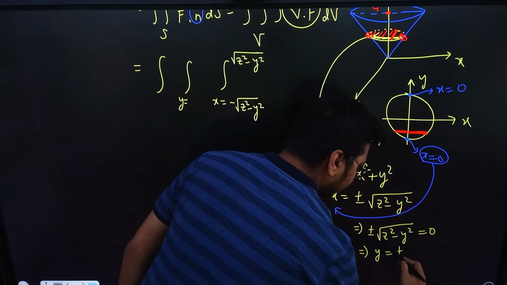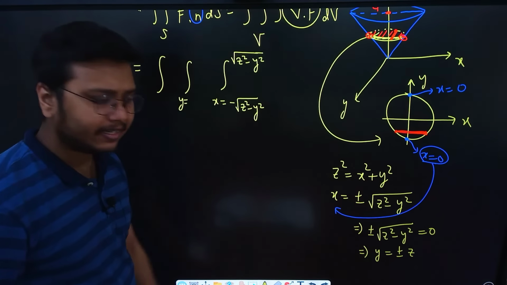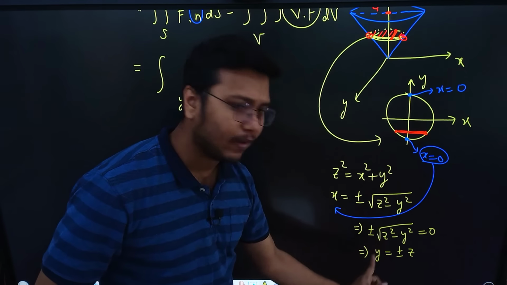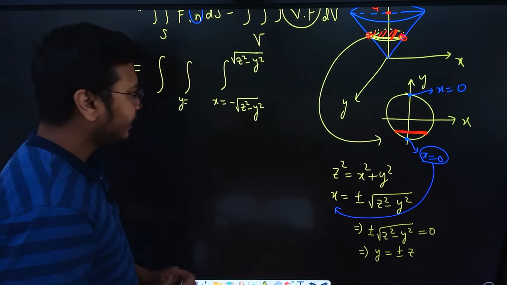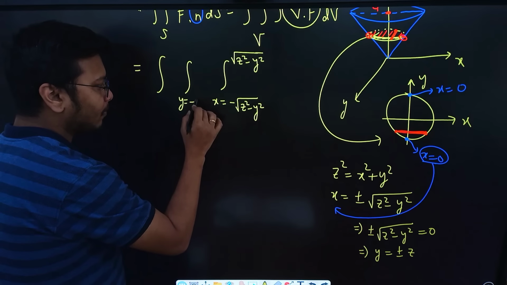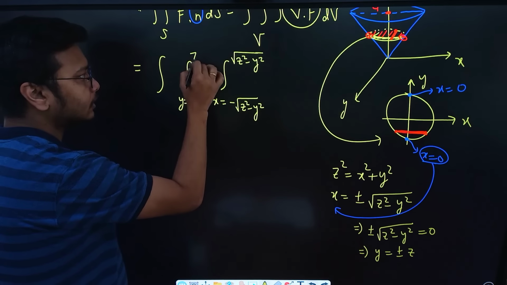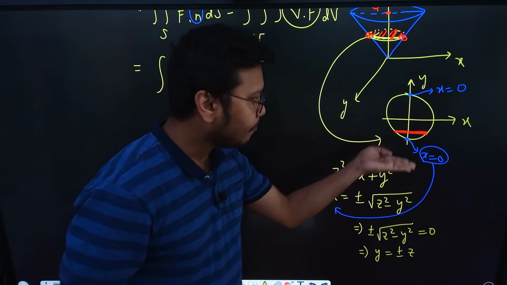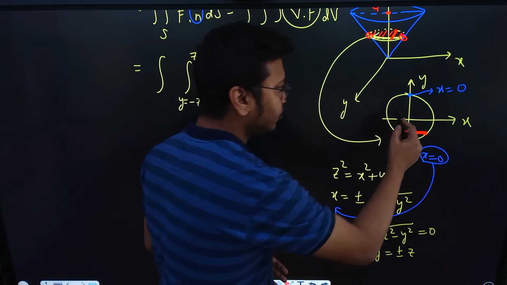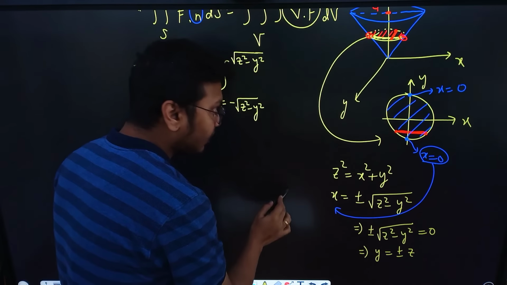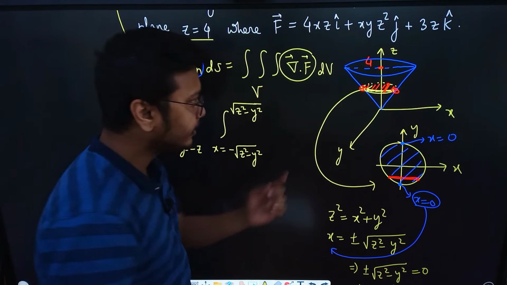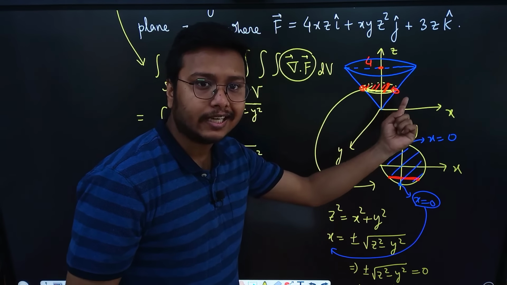I'll square both sides, then y² = z². From there I get y = ±z. So the y limit is from −z to +z. So I am moving this strip up and down to generate this entire area. That means I have generated the area of this circular region.